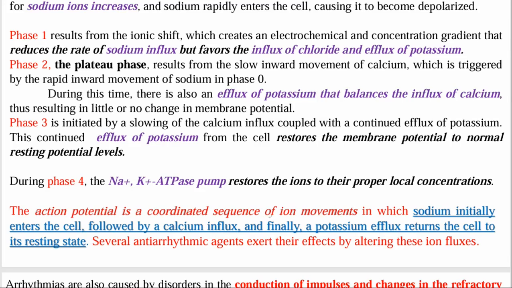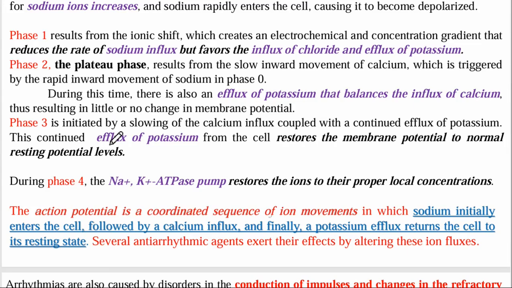Here I have explained in brief what is happening in phase 1, phase 2, phase 3, and phase 4. We'll take a quick look, and I hope you have completed this in your HAP. In phase 1 there is a sodium influx, so we will need sodium channel blockers. In phase 2 there is an efflux of potassium that balances the influx of calcium.